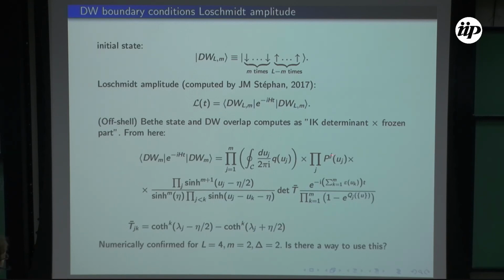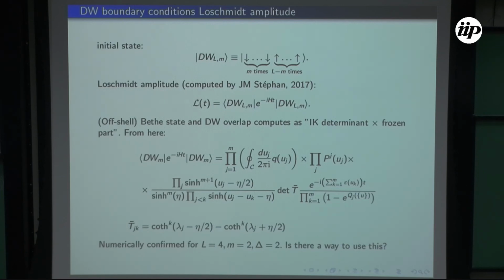what we do here is that if you want to compute the overlap of a Bethe state with the domain wall state, then you can write it down as an Izergin-Korepin determinant times a frozen part. Then by using this substitution, you can give an exact expression for the domain wall Loschmidt echo in finite volume.